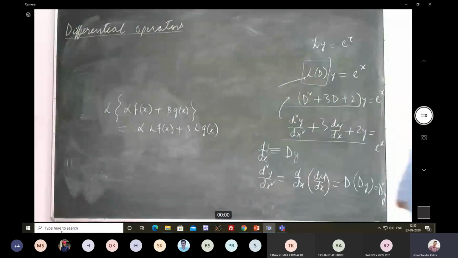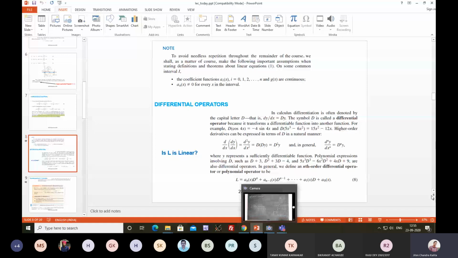Okay. So now let me get back to these slides again. Here there's a question: I was talking about whether L is linear or not. Whatever examples I have taken so far, L was definitely linear. Now for the nth order differential operator, as I have told you earlier, I had taken all the coefficients as constants.